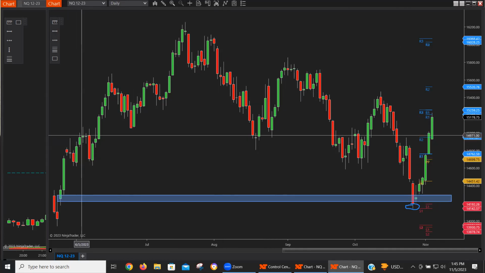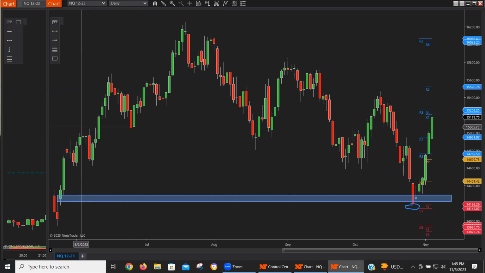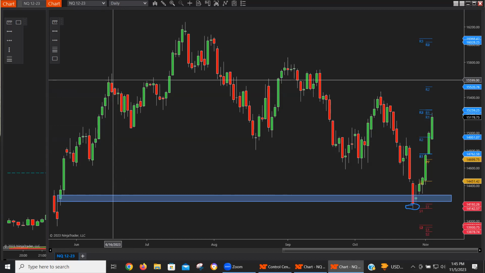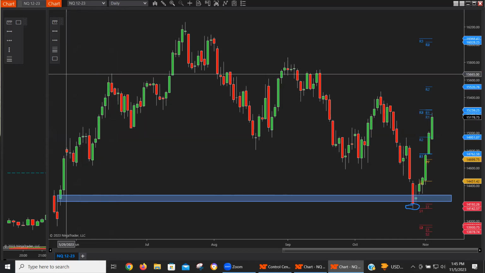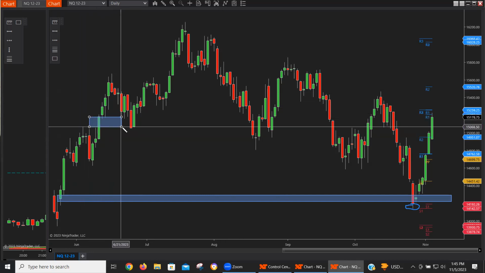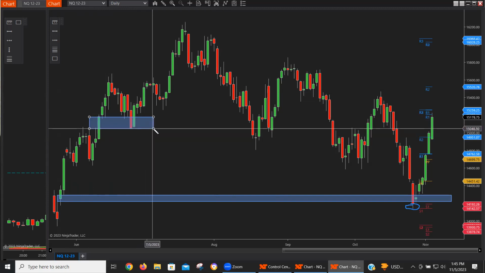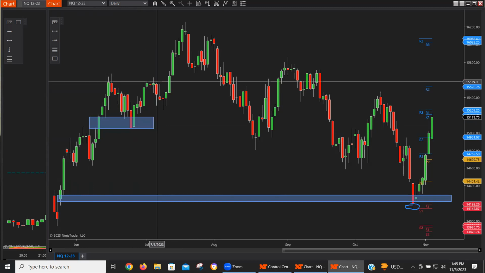You had up, down here, and then shot out of it. The part that it shoots out of to break this area, do I have an imbalance in here? Yes, I do. Right there. And where did the market come back to? Right into that imbalance before it continued on.